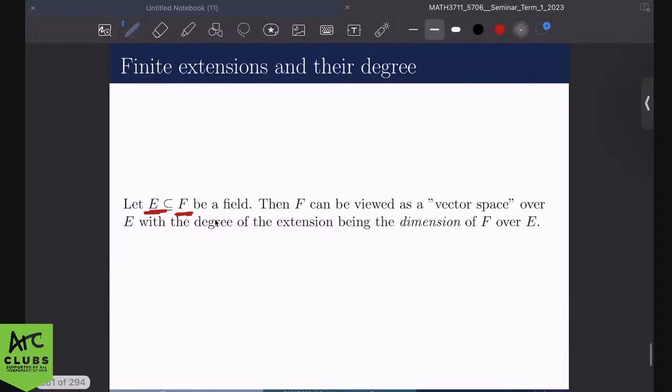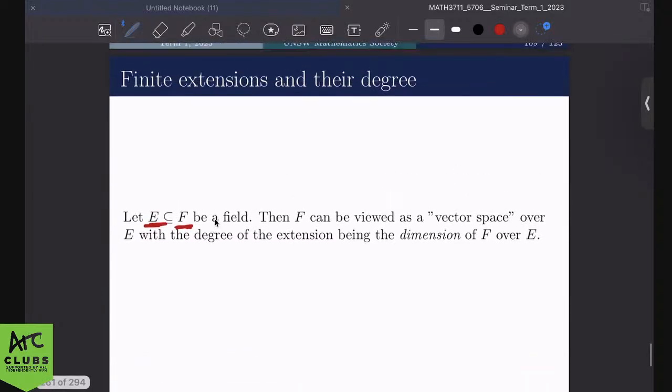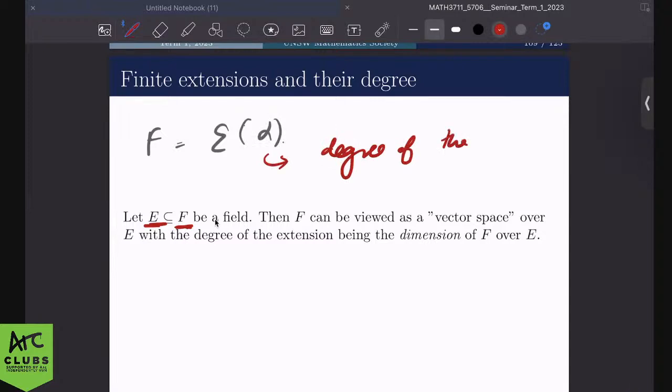Let's just say we've got F equals E(alpha), where the degree of the minimal polynomial is P. Okay, if that's the case, then the dimension of F over E is actually P.